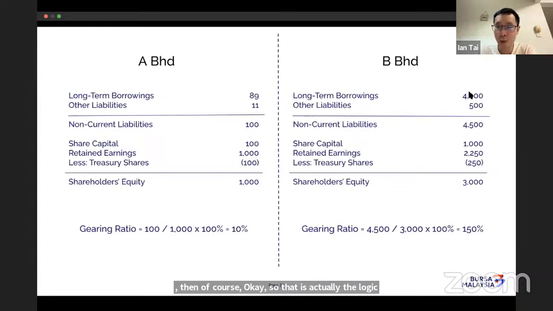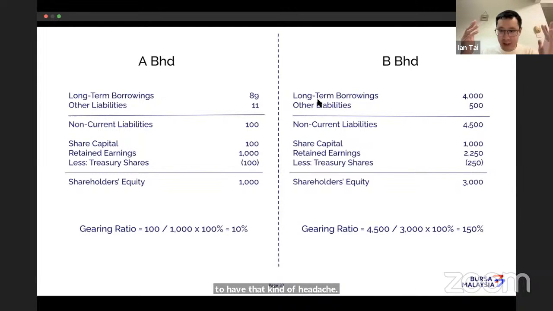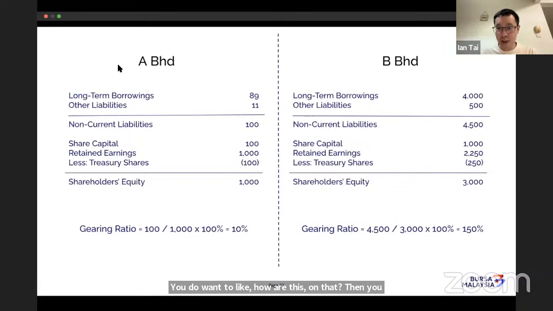So how do you actually overcome this interest rate hike up, hike down? How do you counter this? It's actually quite simple. Number one, if you don't want that kind of headache, then you just find stocks whereby the gearing ratio is relatively low.